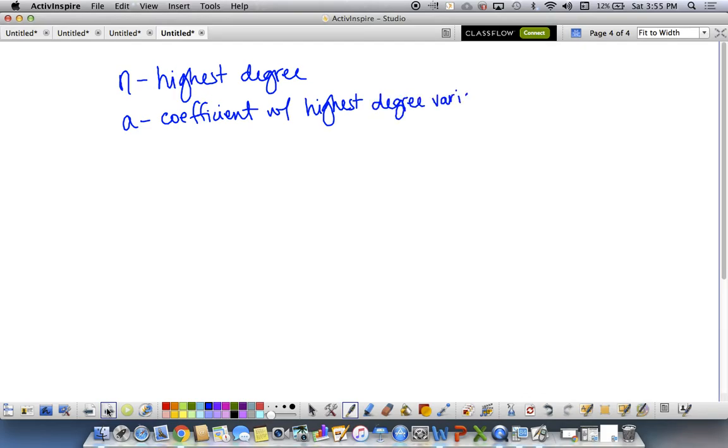Variable, maybe that's the way I'll say it. It's your coefficient. Okay? And b is going to be the coefficient of the next one. B will be the coefficient of the next highest degree.